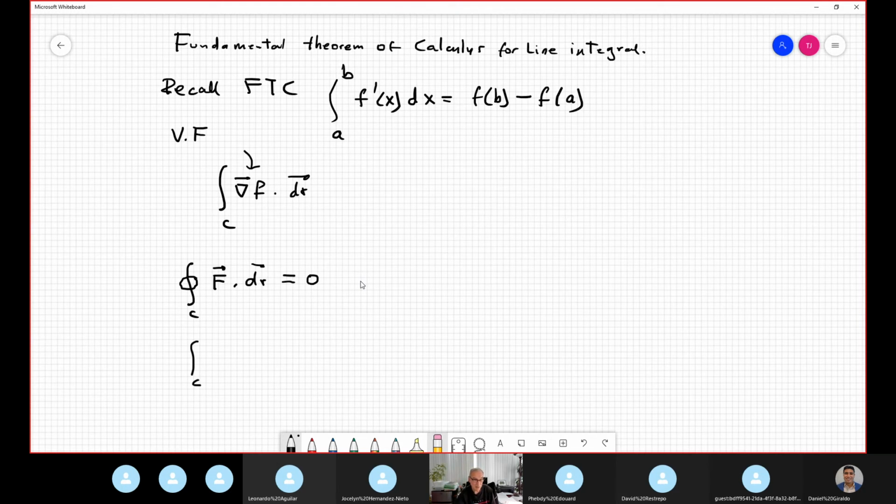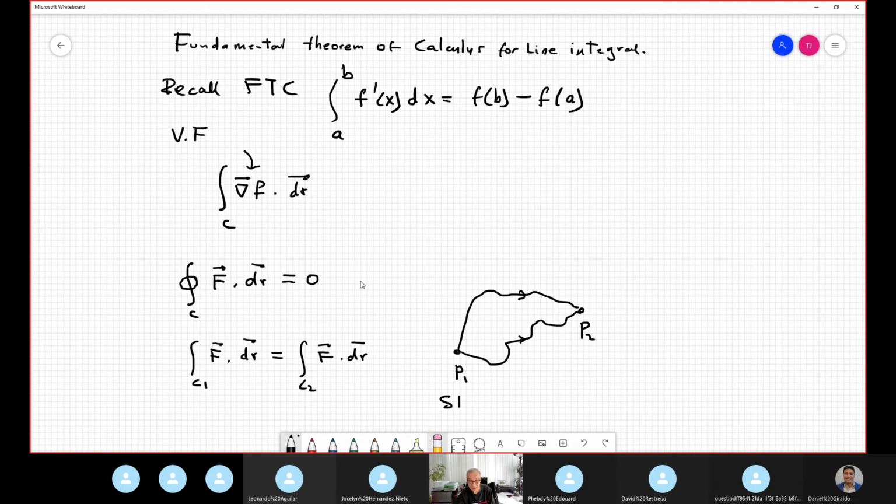That means that when you integrate along one curve, it is equal to the integral along another curve, because the most important for us is the endpoint. Okay, you have 2 points, P1, P2. You travel along this, the work done is exactly the same as you travel along this, because the important thing is the start point and the end point.